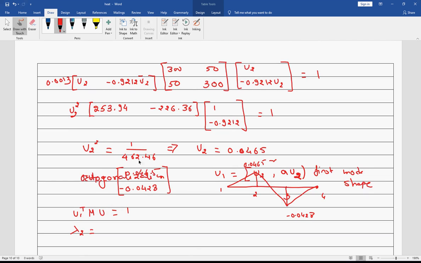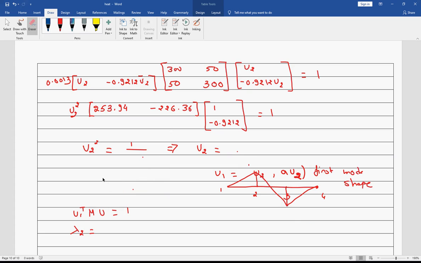So now this will change totally. Okay. So I'll do it again. So these values will change only. I'll just erase this.